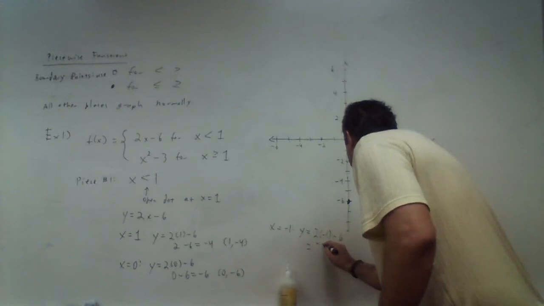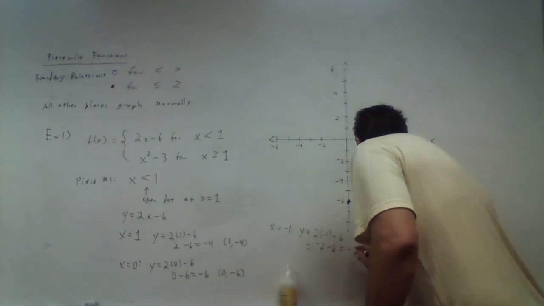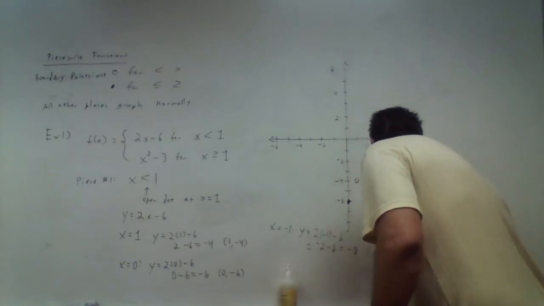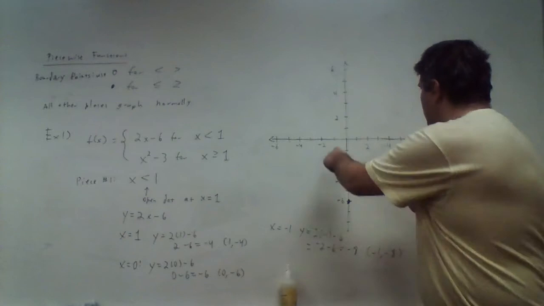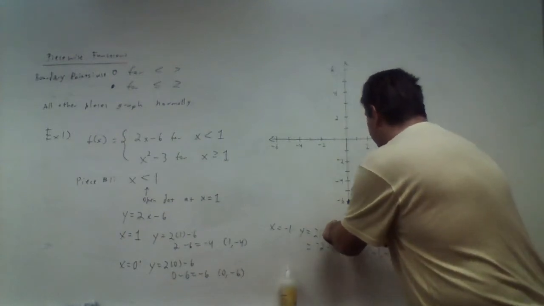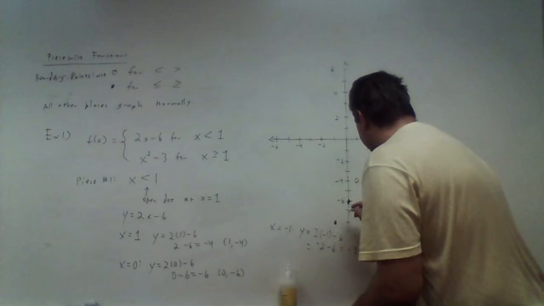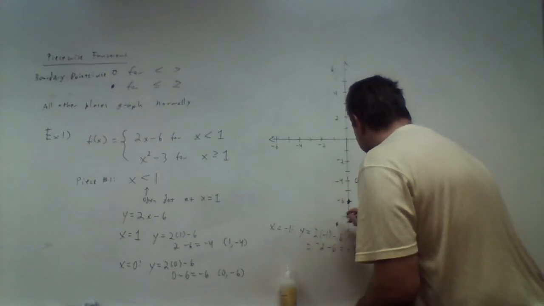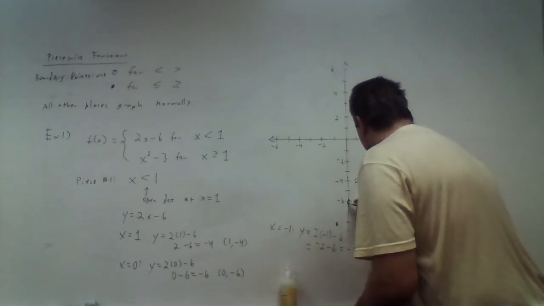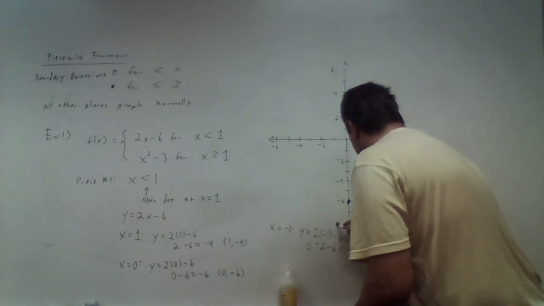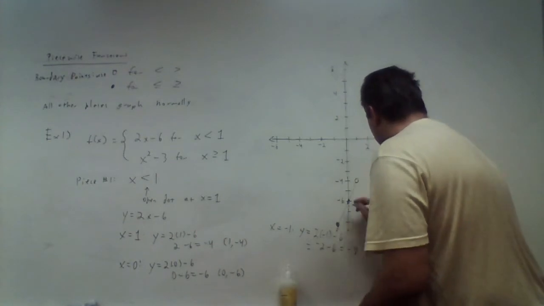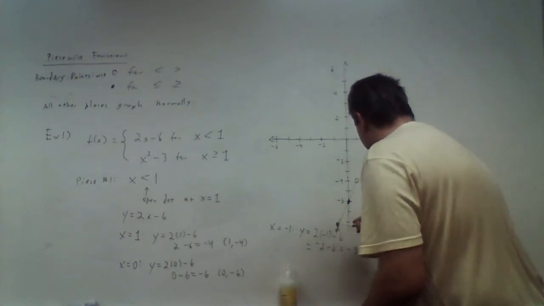So that's negative 2 minus 6, negative 8. So negative 1, negative 8. It's a line. So we'll just put the line through for that end.